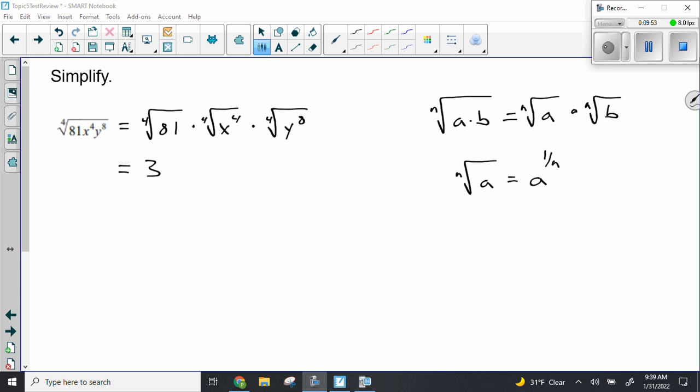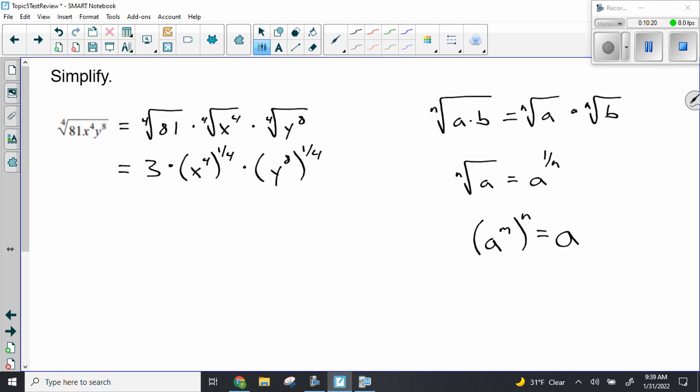So now the next thing I'm going to do is write each of these as rational exponents, right? So this is x to the 4th to the 1/4 power. And this one is y to the 8th to the 1/4 power. I'm going to use my property that tells me that if I have some a to the m to the n power, that is the same thing as a to the m times n power.